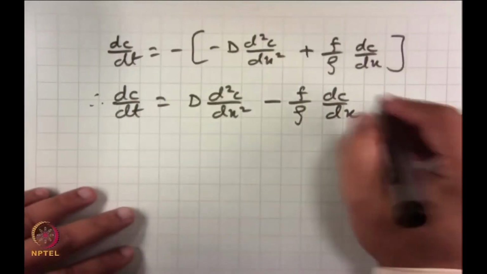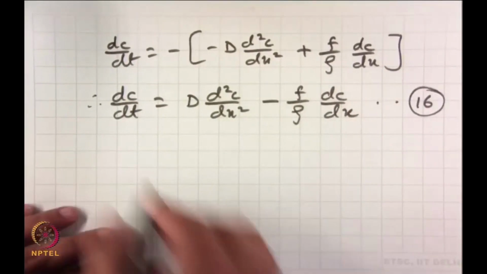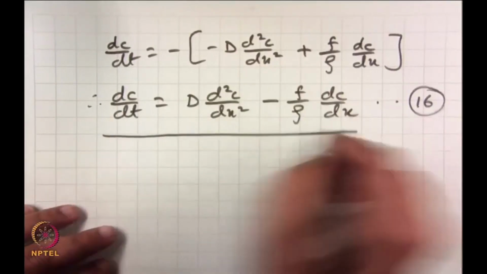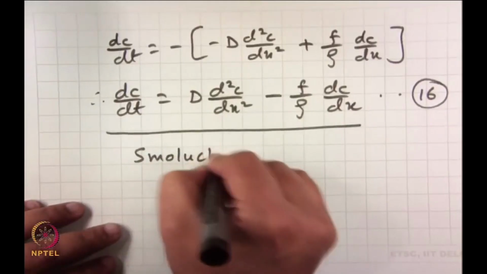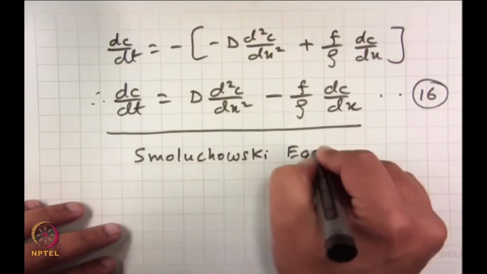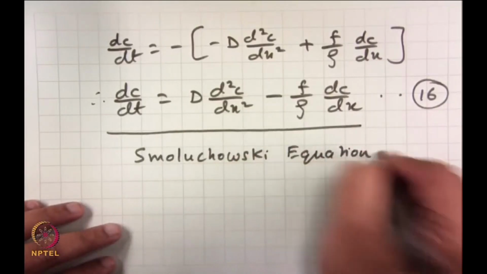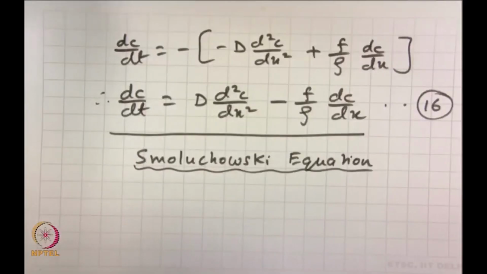So, this is equation number 16, and this is referred to as the Smoluchowski equation. Okay. This is referred to as the Smoluchowski equation.